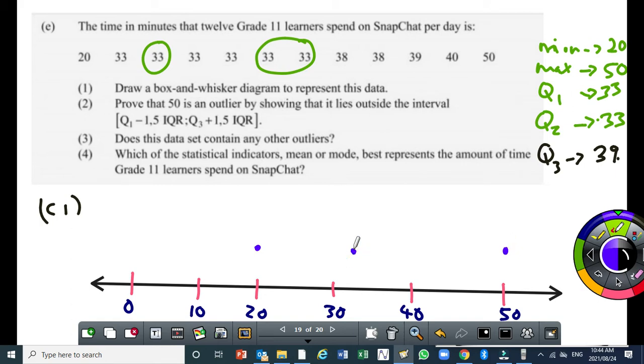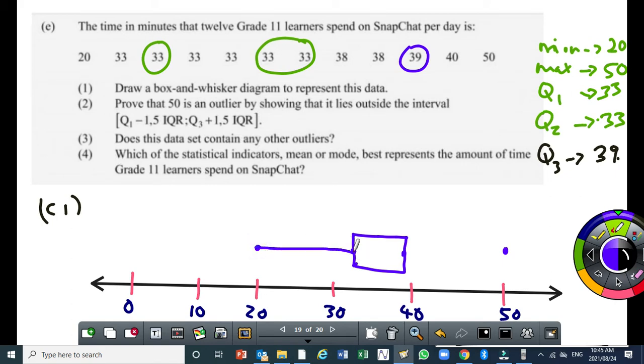Right? Now, the Q1 and Q2, they are exactly the same. And then Q3, we said it's going to be that 39, so that 39 is going to be somewhere there. Now, this box and whisker is going to be very different from what you normally see because of the fact that Q2 and Q1 are equal.